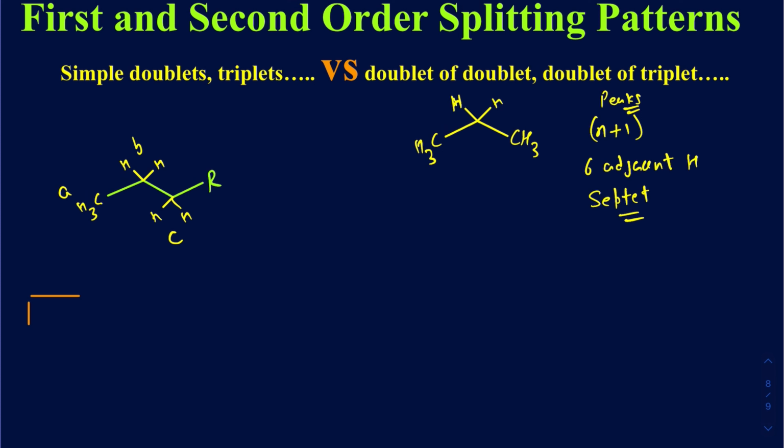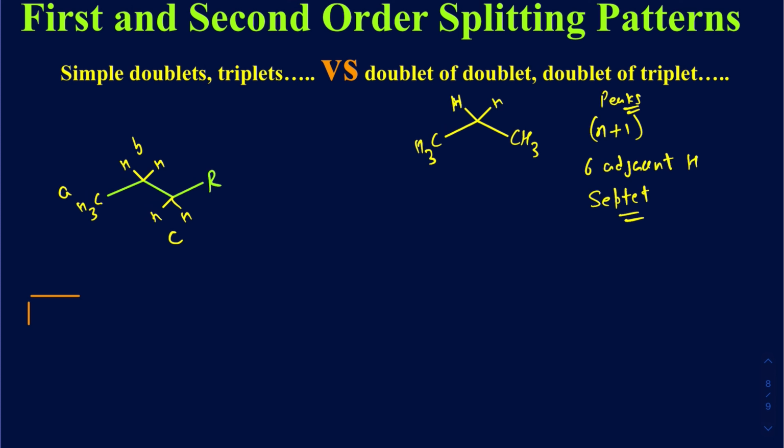I'll tell you when you could possibly have a clean sextet here, but before that, I'm going to tell you how this is really not a first order splitting but rather a second order splitting, because you have a different proton on A in a different environment, and a different proton on C in a different environment, coupling with B.